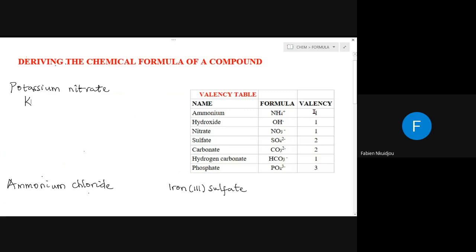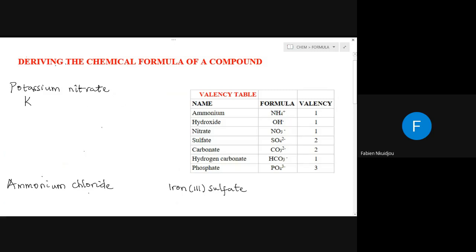Remember, valency is an indication of the number of electrons which an atom or group of atoms would use in bonding. So take note, the charge on an ion could be positive or negative, but valency does not carry a charge. Okay, so the +1 here tells us that it has a valency of 1, just like we find it in the table.